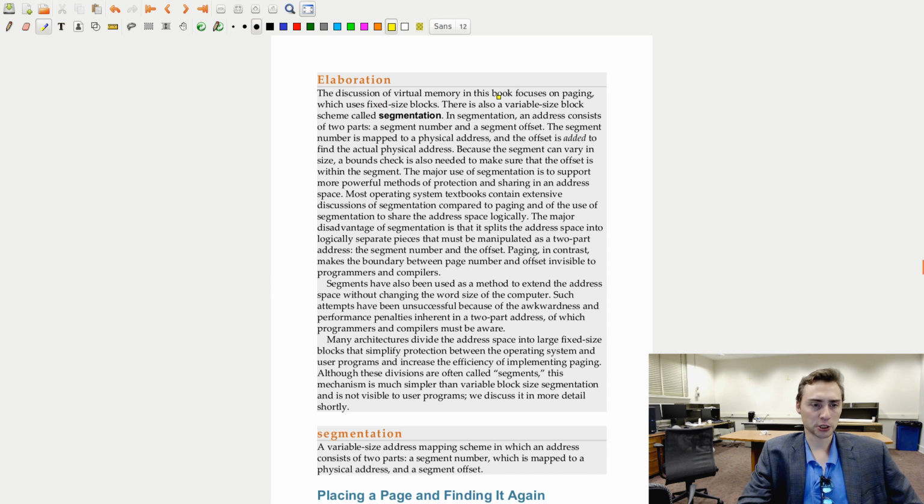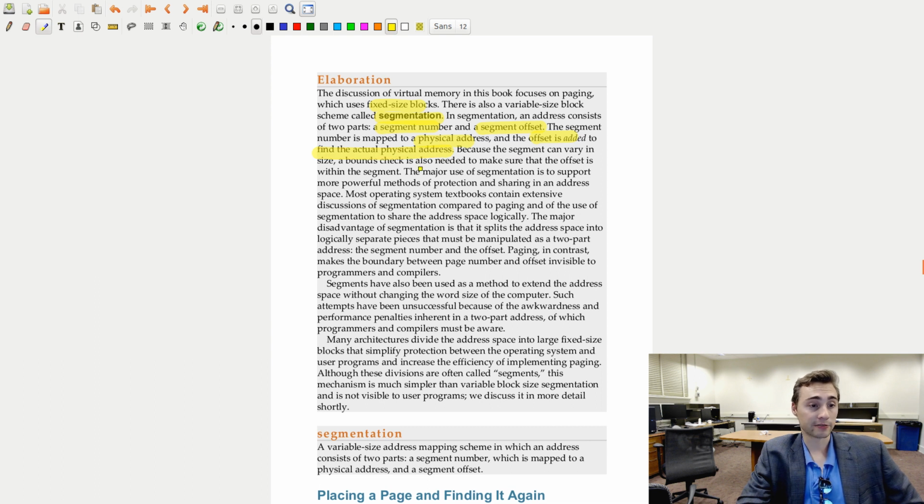The discussion of virtual memory in this book focuses on paging, which uses fixed size blocks. There's also a variable size block scheme called segmentation. In segmentation, an address consists of two parts, a segment number and a segment offset. The segment number is mapped to a physical address, and the offset is added to find the actual physical address.